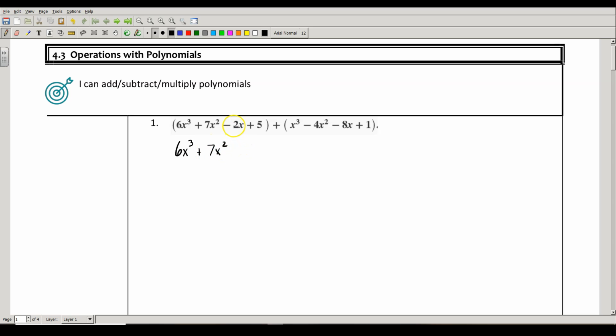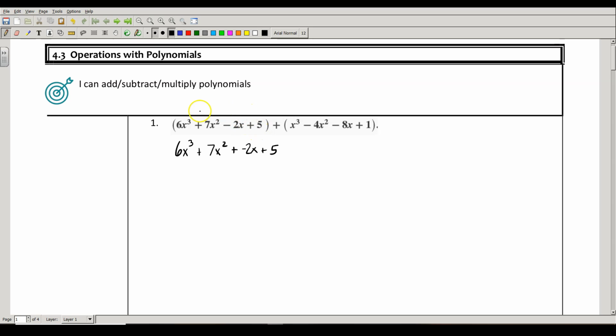And on top of that, I'm going to take all my subtractions, because if we go back to basics, subtraction is adding the opposite number. So I'm going to rewrite this. I have a minus 2x. I'm going to say this is plus a negative 2x and plus 5. I'm going to get rid of the parentheses in the second one because we really don't need it.